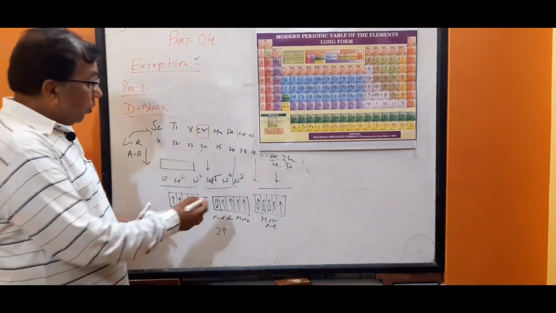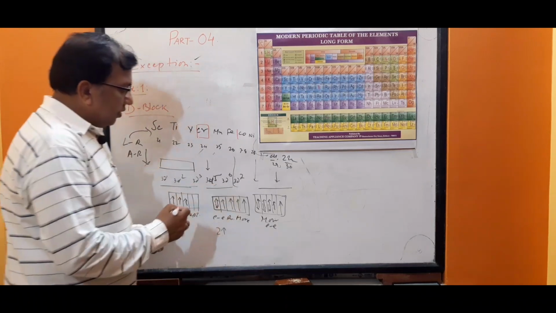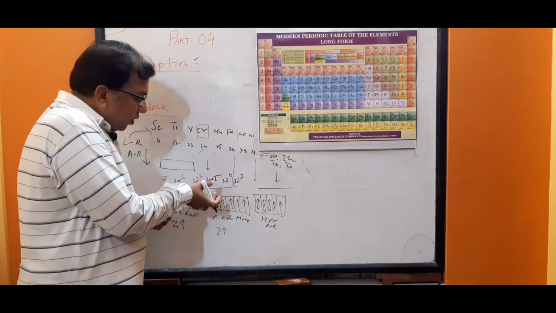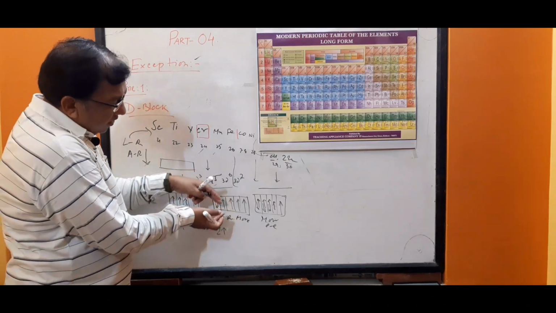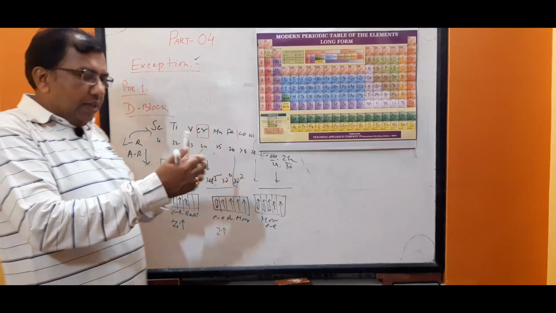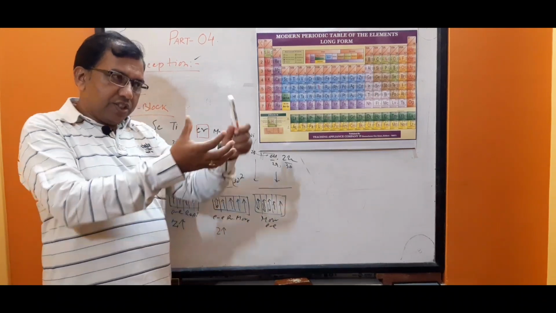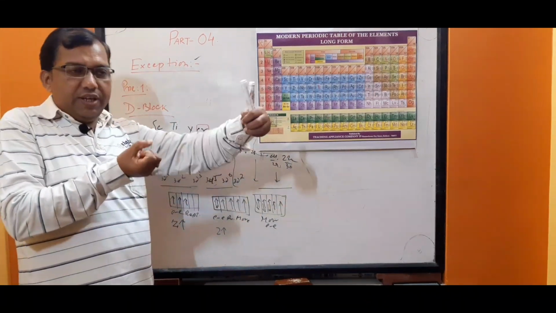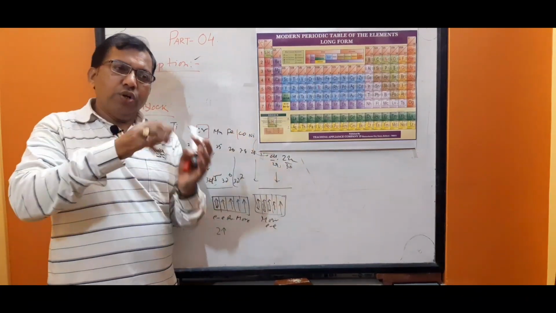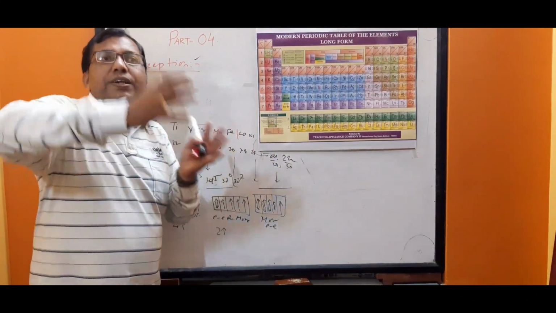Clear? Effective nuclear charge is increasing, but what is happening out here? Effective nuclear charge is increasing, and electron repulsion is also increasing. The electron and nucleus attract each other, and also electrons repel each other.